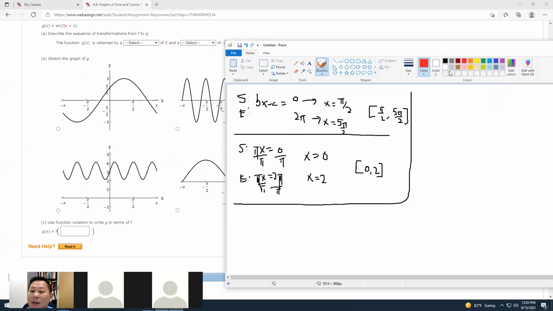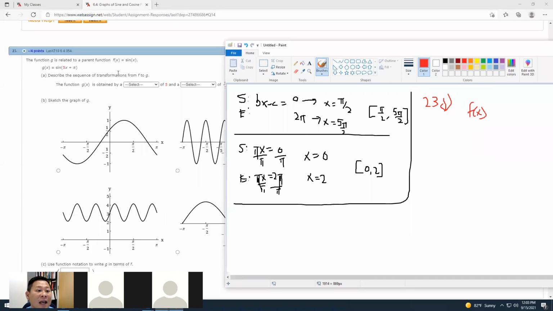So what does that mean for question 23 or 24, part D, when they say write g in terms of f? If you look at this function, it's already telling us that f of x is sine x.